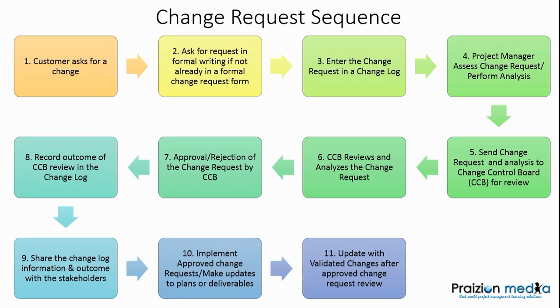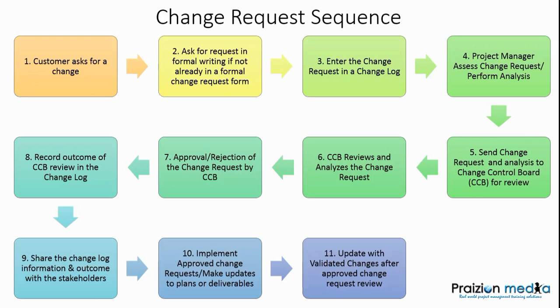Now, the next step here is to update the change log yet again. Update the log with validated changes information. As part of the control quality process, you have approved change requests as an input.